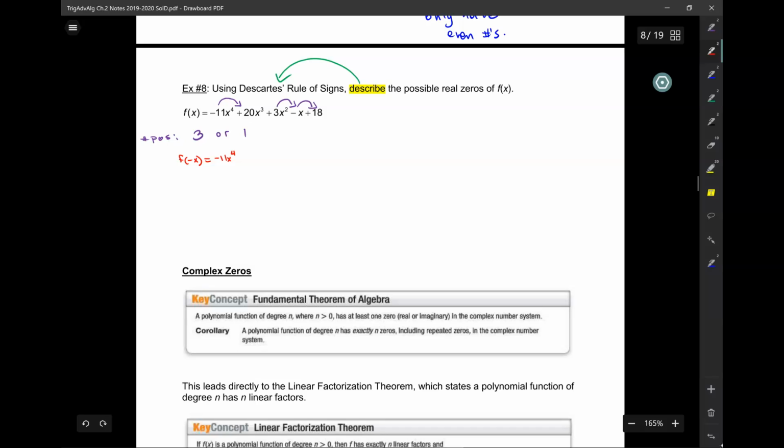So positive 20 will become negative 20x cubed. The next one has an even exponent, doesn't change, so plus 3x squared. Next one is x to the 1. That's an odd exponent. You change negative to positive, x.